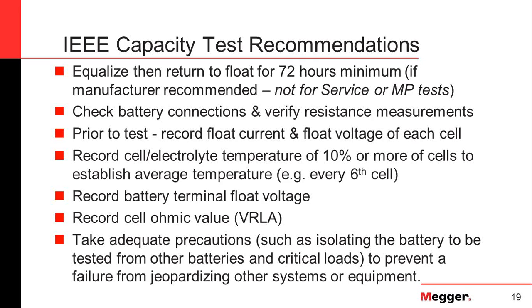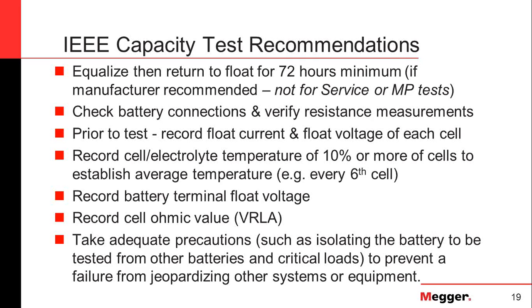But the rest of the measurements still apply, where you're going to go through and make sure that your battery connections and your strap resistance measurements are adequate so that you get the most realistic test. You can record your float voltages and currents and your electrolyte levels, if you're using vented lead acid, of at least 10% of the cells.